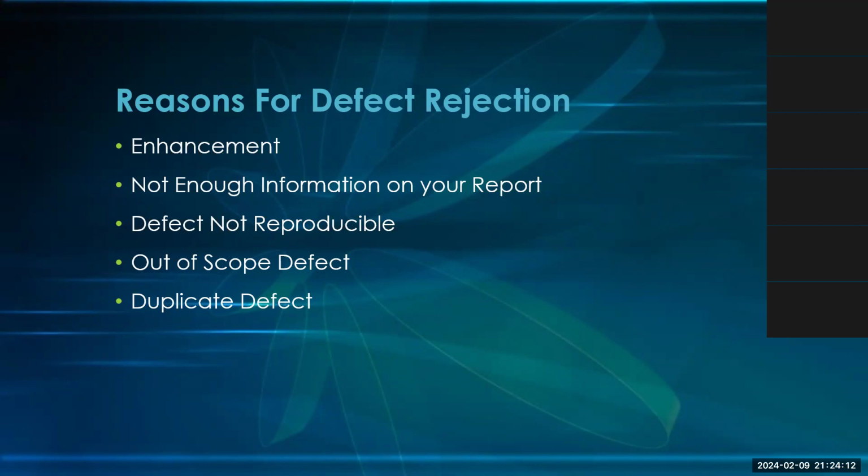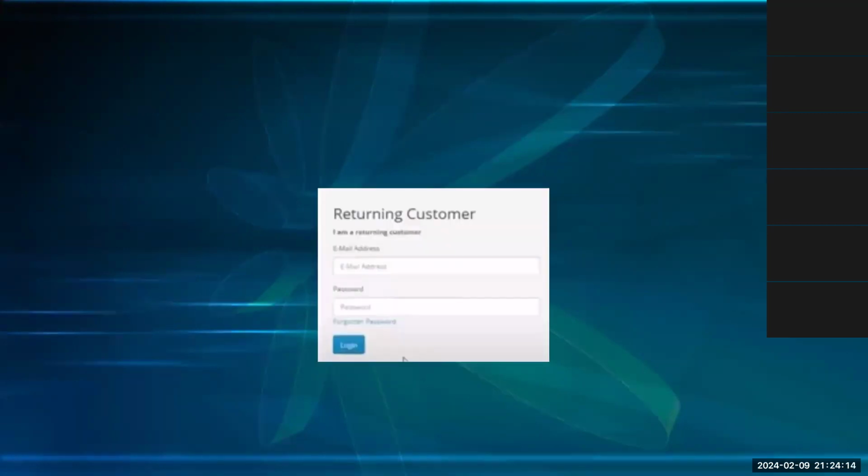Let me see if I have the diagram, which is this picture. As you can see, you have the email test value and the password test value, and then you have the link for the forgotten password there. Let's say in the requirement that forgotten password was not included, and you as a tester tested it before, you passed it, and you saw that it wasn't there.